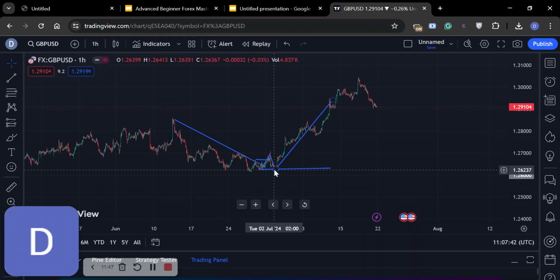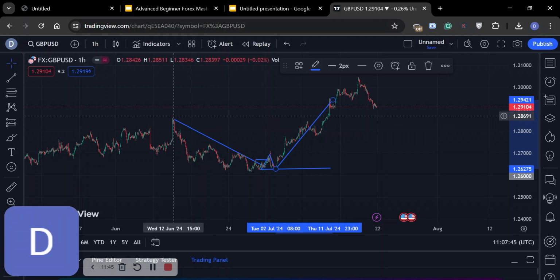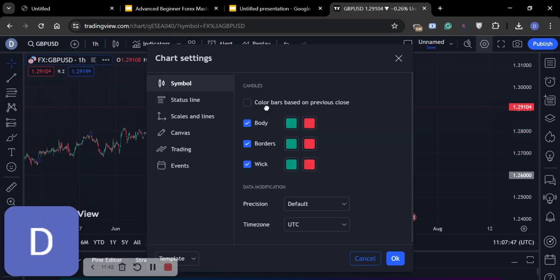Okay, your entry is at the support right here, and set your TP at the previous higher high.